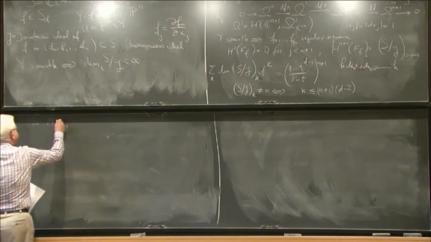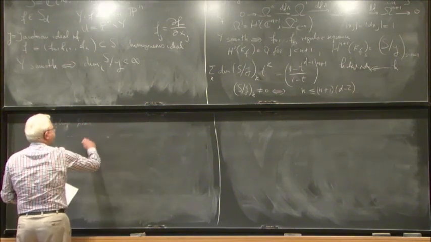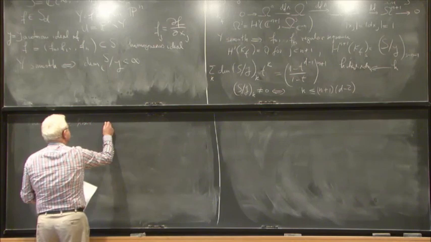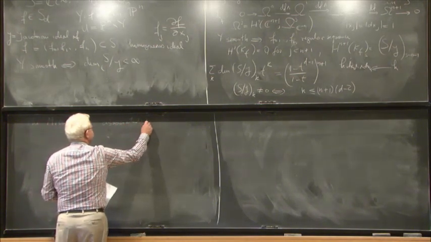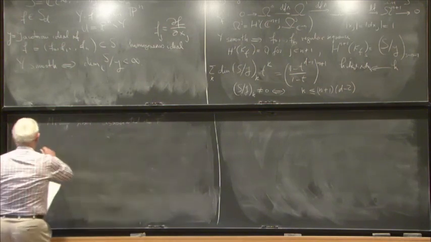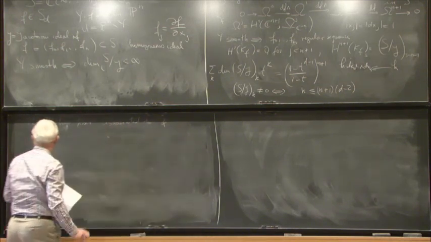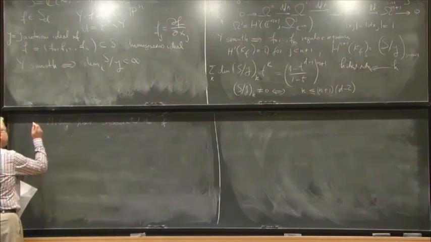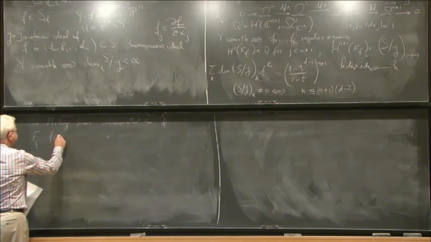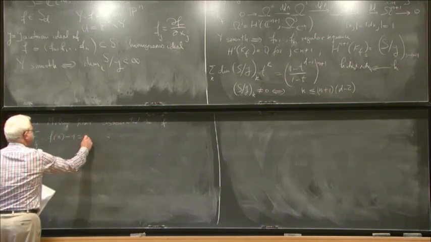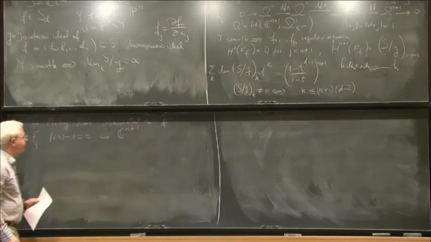The Milnor fiber associated to F. This is to the polynomial, and this is a smooth affine hypersurface in C^(n+1).